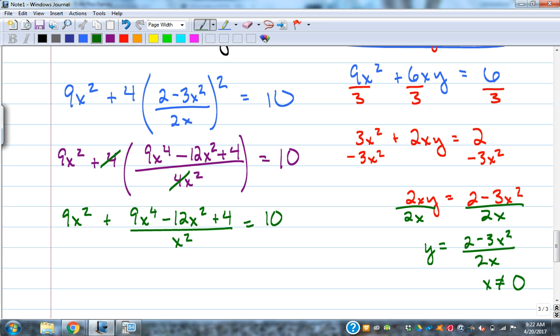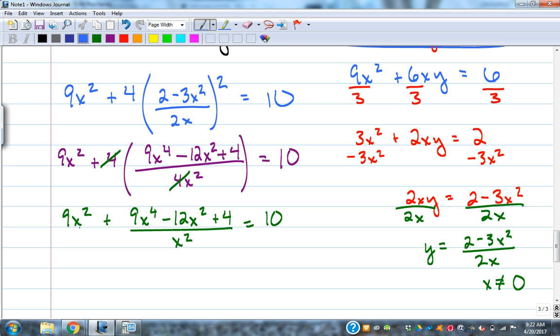Now, rational equations. You have to have the same denominator on everybody. So what's the denominator of the fraction that's in here? x squared. So I need to make the 9x squared have a denominator of x squared.